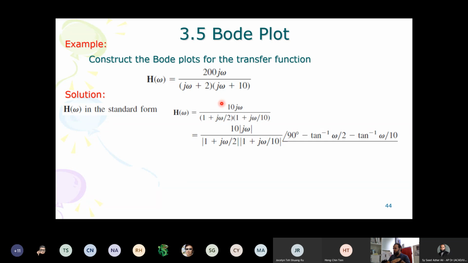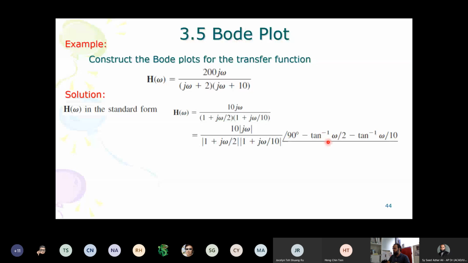If we expand it into magnitude, this is a magnitude once again: k, and 0 and pole. The k has the angle 90 degrees. J omega, the 0, has the angle 90. This is coming from the pole at 2. This is coming from the pole at 10.